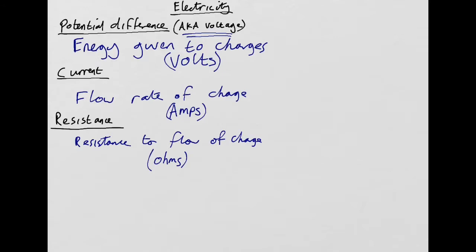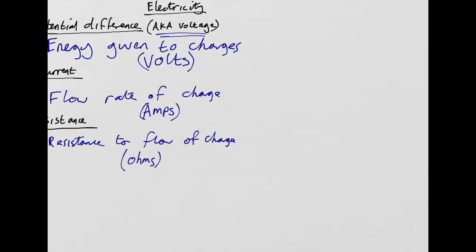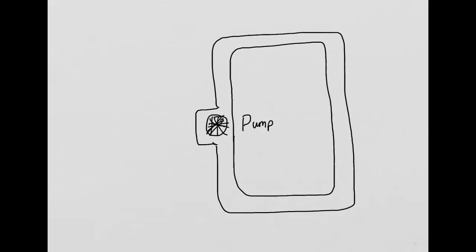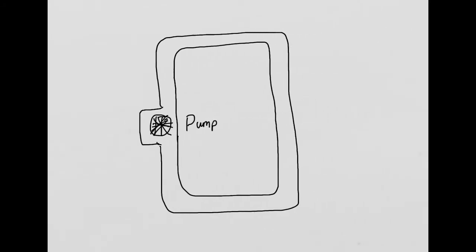Let's try to make this a bit more clear then with an analogy. So, if you think about the electrons as water, pretend that it's water for the time being. Let's use this analogy where you've got some water flowing around a closed loop pipe, like this. Now, if you didn't have a pump, then that water would just sit there. There wouldn't be any current in there, would there?